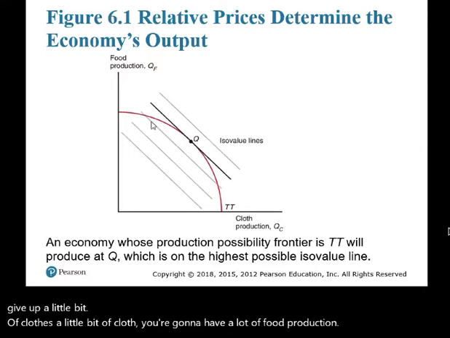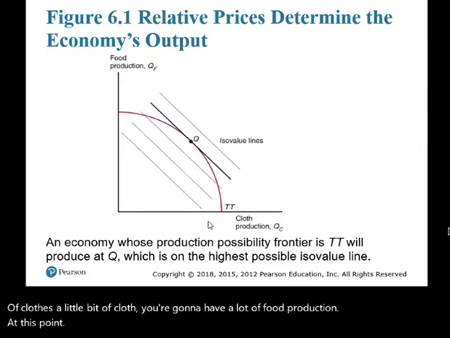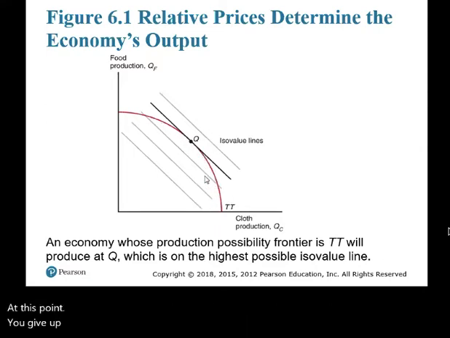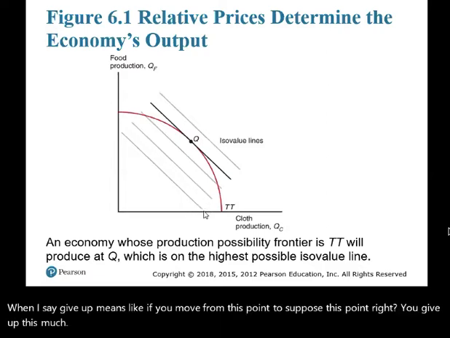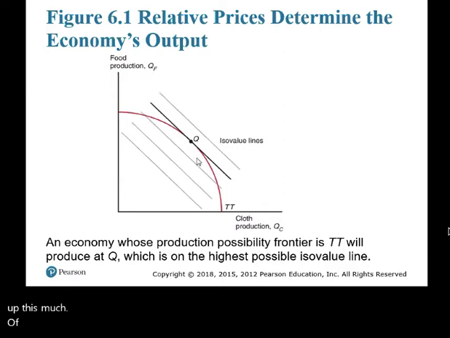At this point, you give up some clothes. When I say give up, I mean if you move from this point to this point, you give up this much clothes to gain this much food.